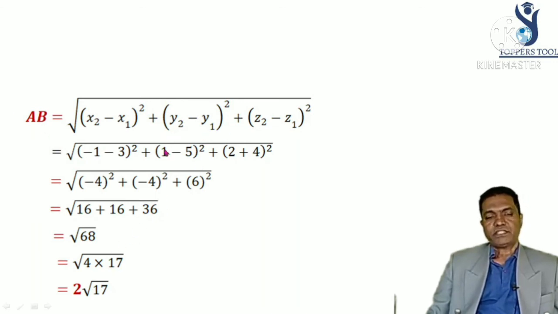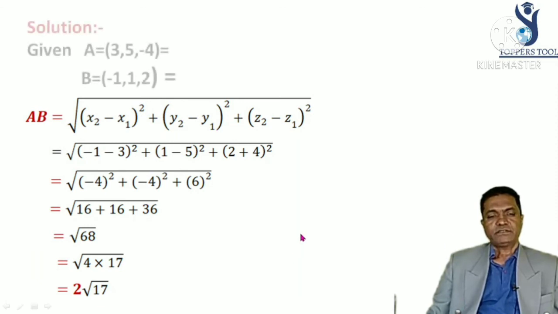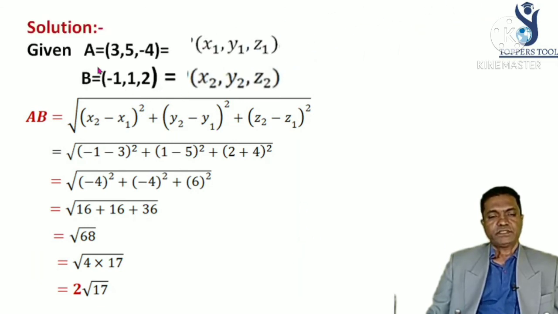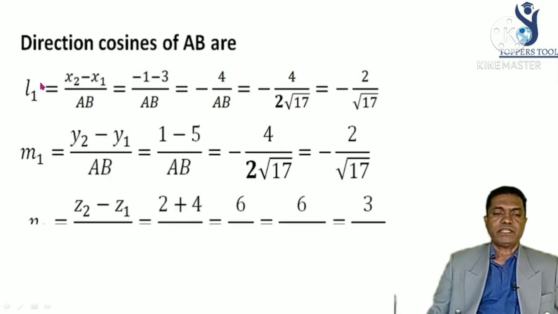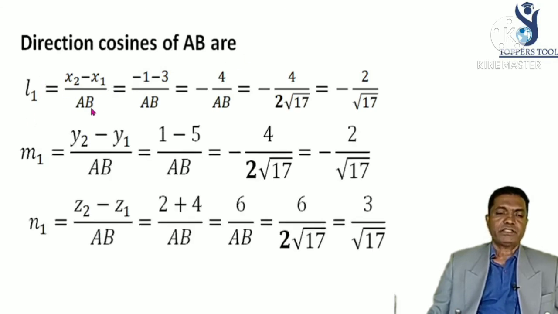If you apply the distance formula, you will get this. Here, this is AB given by using the distance formula, substituting x1, y1, z1, x2, y2, z2 here. On simplification, you will get this. Okay. Now direction cosines of AB are given by, as I mentioned earlier, x2 minus x1 divided by AB.